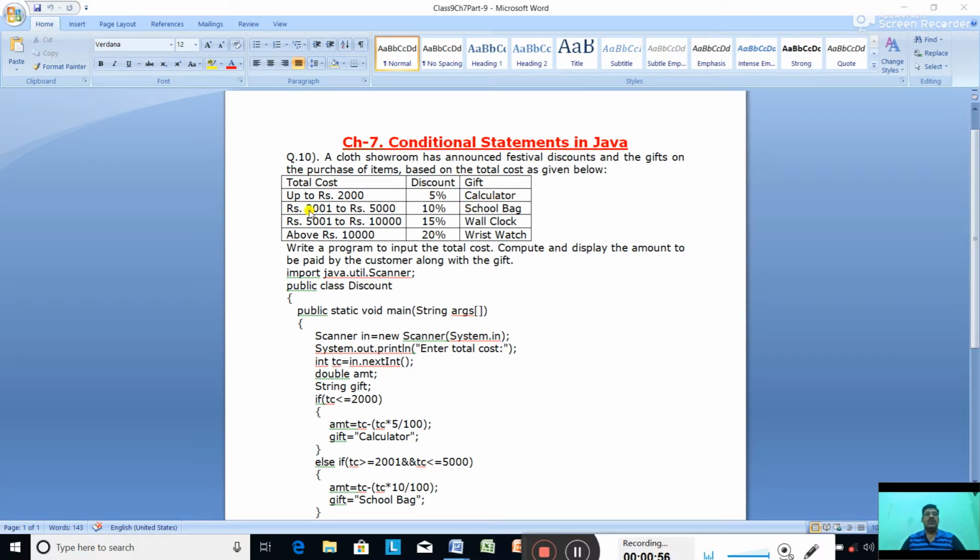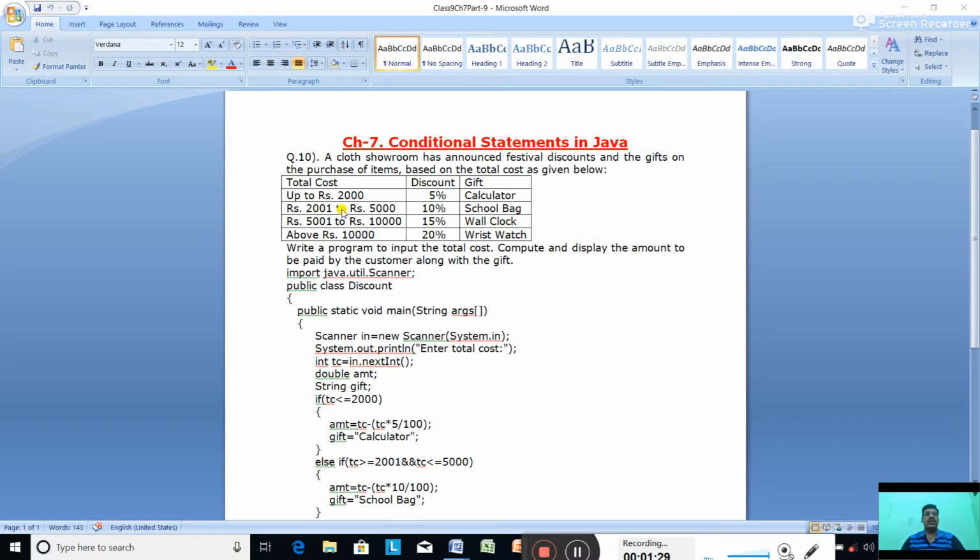If the total cost of purchase is within 2001 to rupees 5000, then the showroom gives a discount of 10% and a gift of school bag. If the total cost is from rupees 5001 to rupees 10,000, then the showroom gives a discount of 15% on the total cost and a gift wall clock.